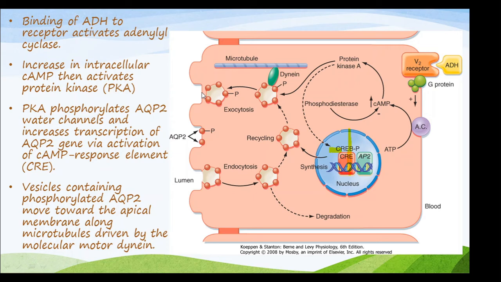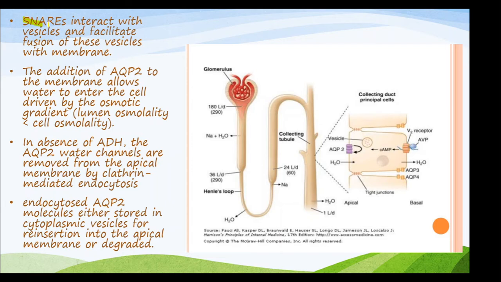And when it reaches the apical membrane, the secretory granule fuses with the membrane and releases the AQP2. SNAREs interact with vesicles and facilitate the fusion of these vesicles with the membrane. So SNAREs are proteins which allow the release of the contents of the secretory granules.